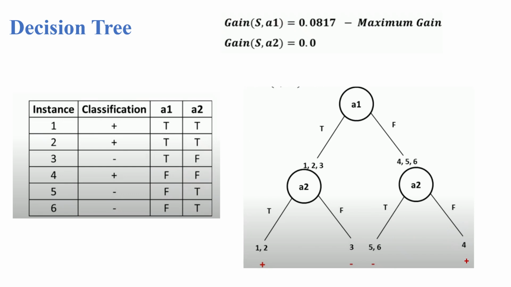Now we have calculated the information gain for both features, attribute 1 and attribute 2. Here we can easily see the maximum gain is achieved for attribute 1 only. So we have to choose A1 as the root node. Initially from the data set, we don't know what the parent node will be.